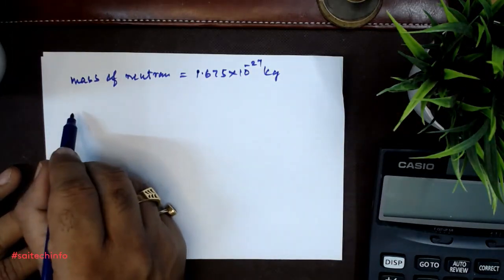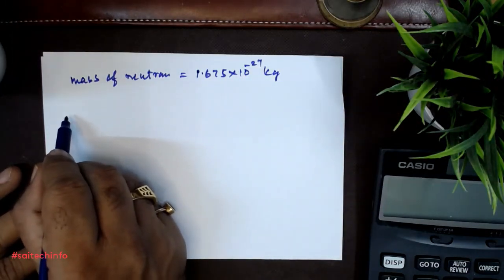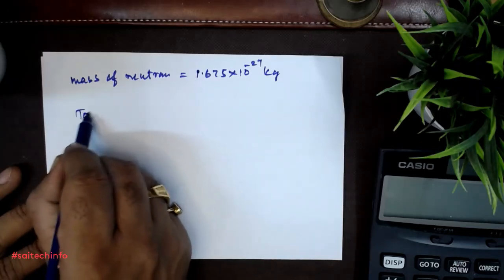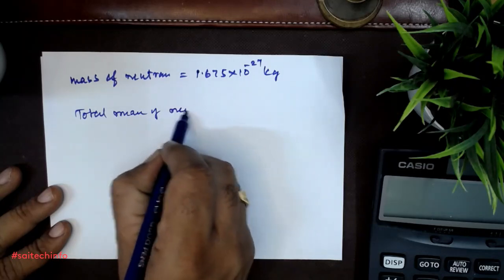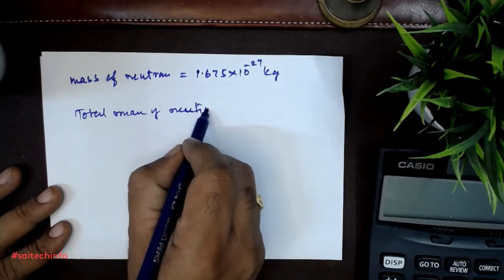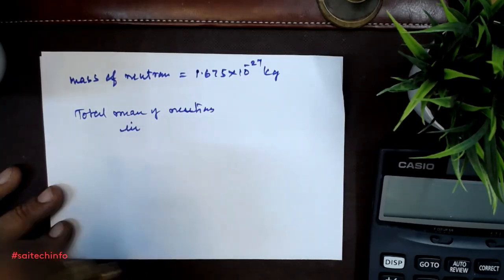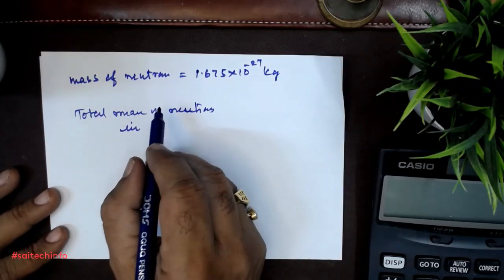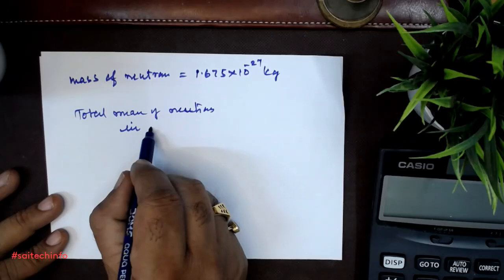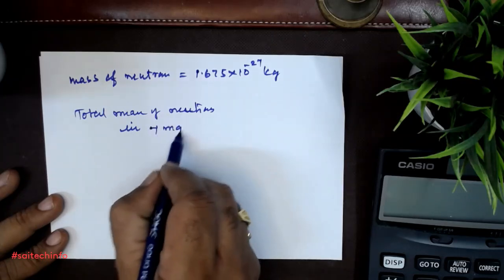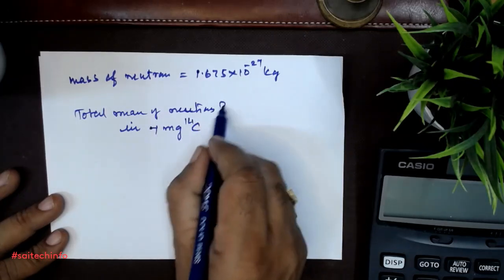And what is our finding? That is the total mass of neutrons present in 7 milligram of C14 isotope.